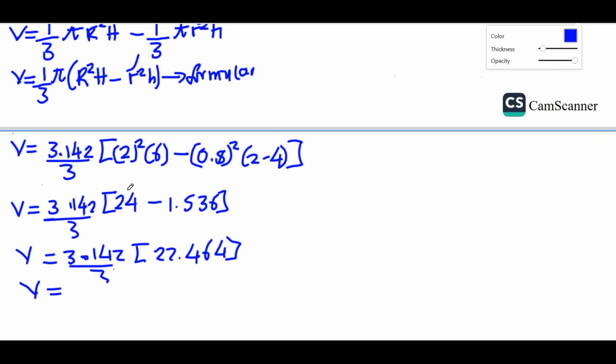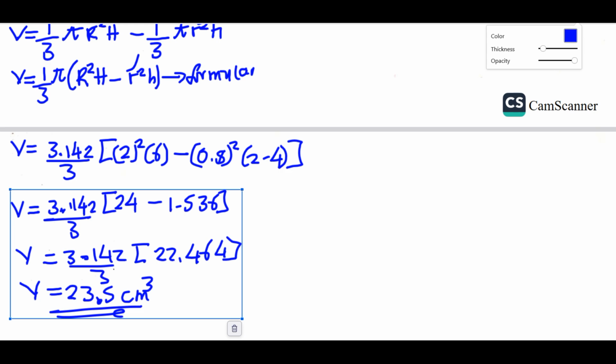So according to my calculations, the volume is 23.5 centimeters cubed. So that is our final answer.